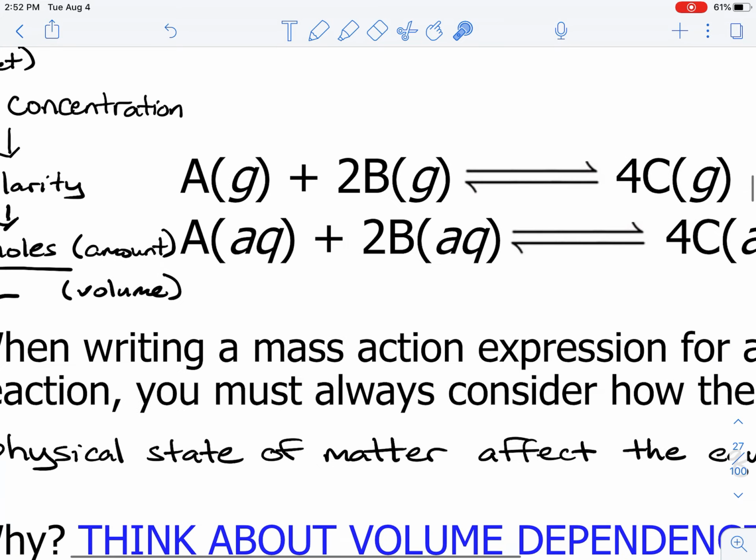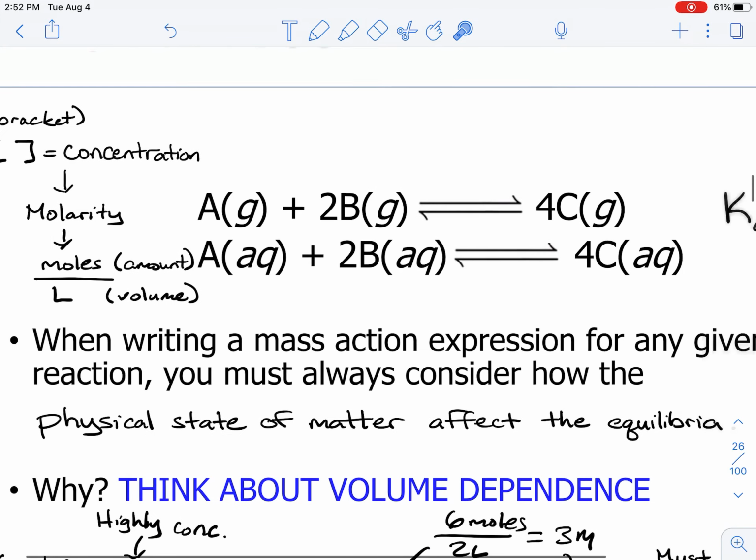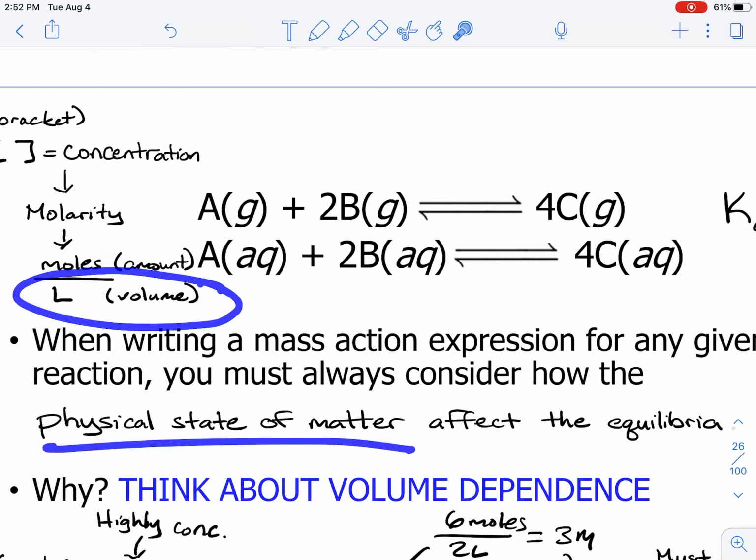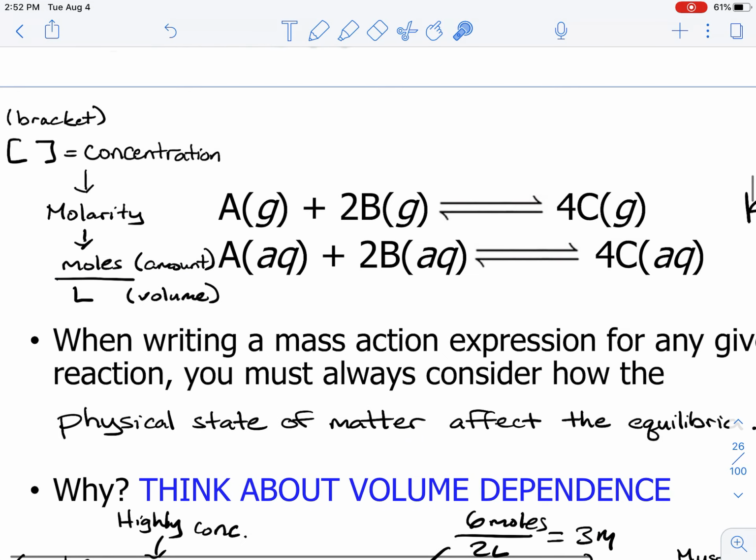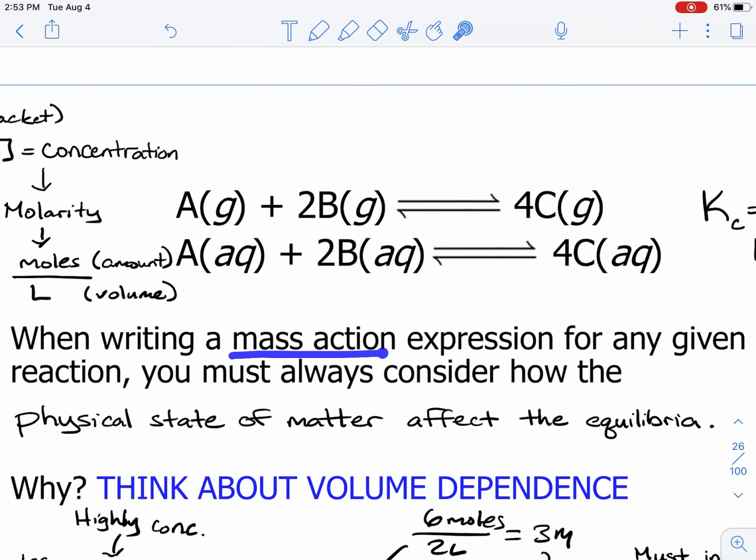And so, therefore, the physical states of matter that are dependent on volume, in other words, changes in volume will change the concentration, need to be taken into consideration when you're writing the mass action expression.